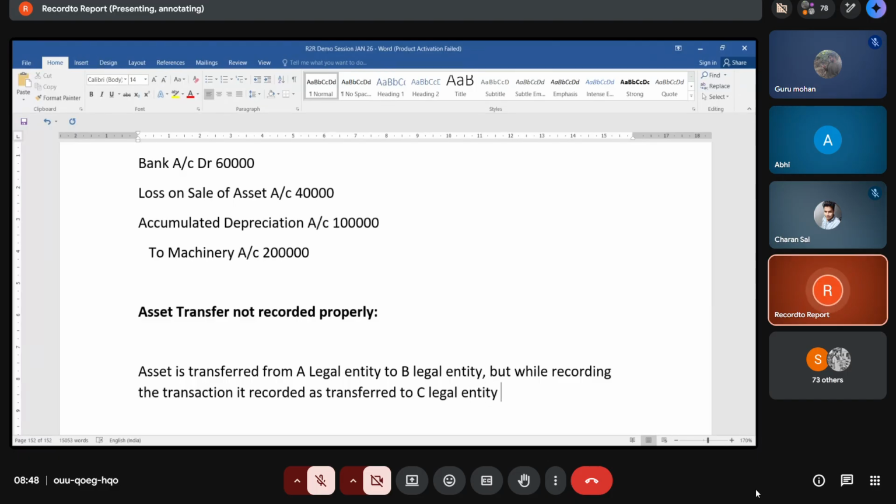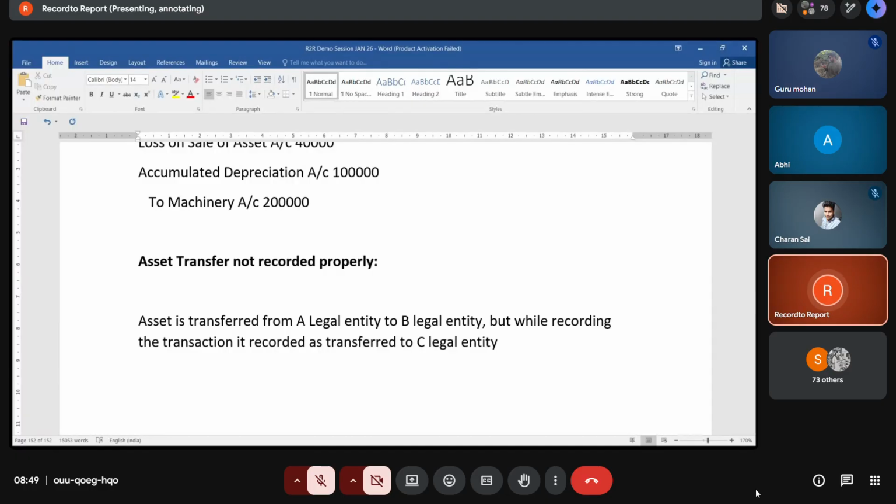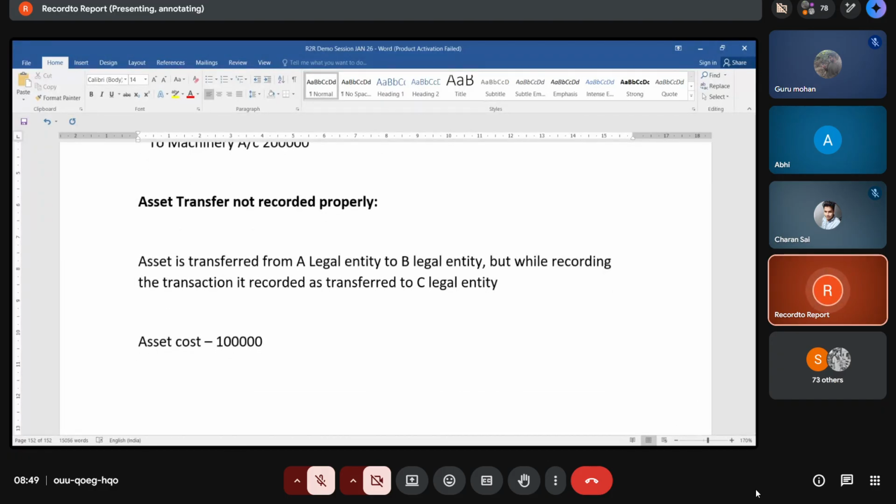Assume asset cost is 1 lakh rupees. So from where to where is the asset transferred? A to B.